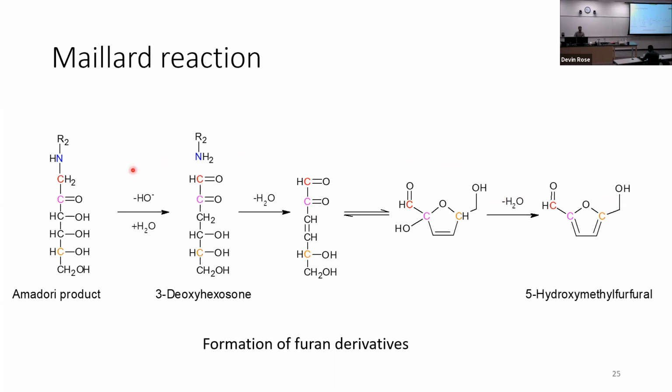And then here again, this is the formation of a dicarbonyl group here. In this case, an aldehyde and a ketone. And this would be reactive in Strecker degradation, and then as well as formation of these furan or furfural derivatives.